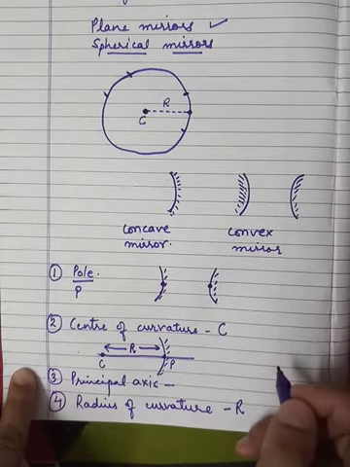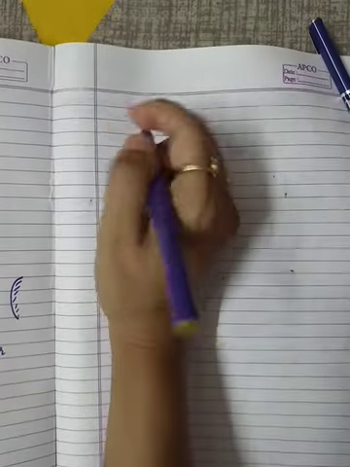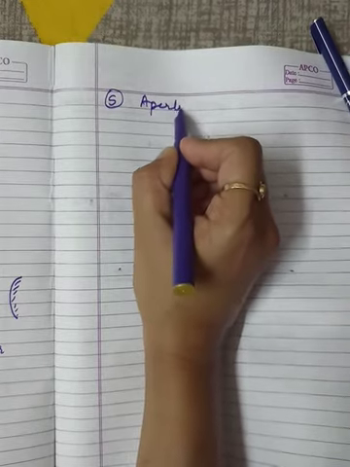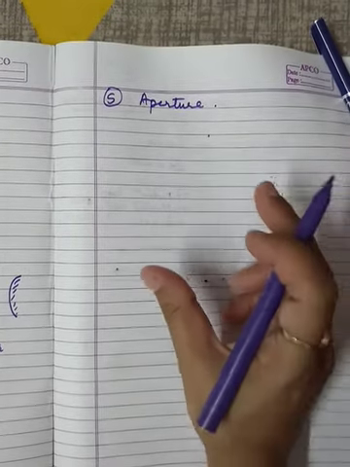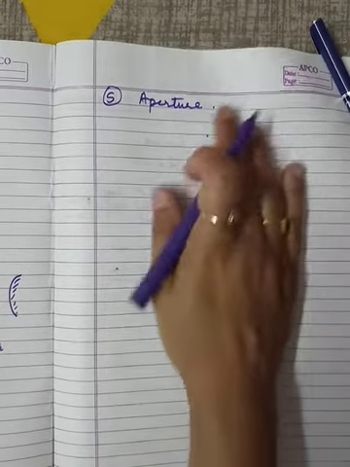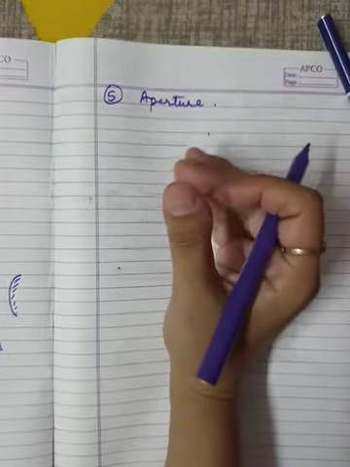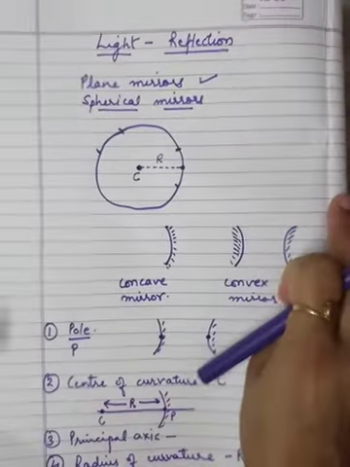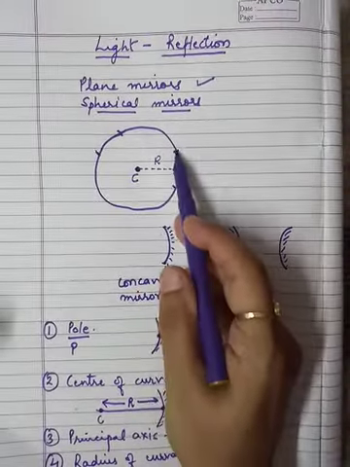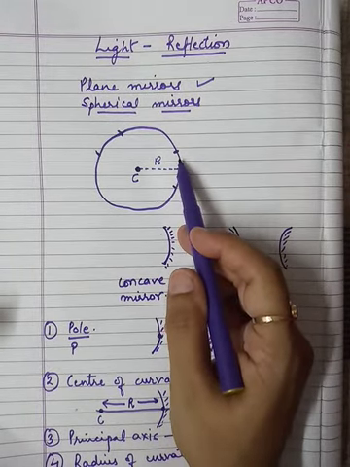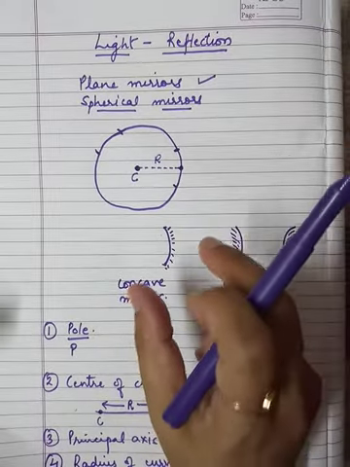Next, the fifth term is aperture. Aperture is nothing but the size of the mirror. Whatever size we have taken, when we cut the circular piece from this hollow sphere, that circular piece has a particular size.